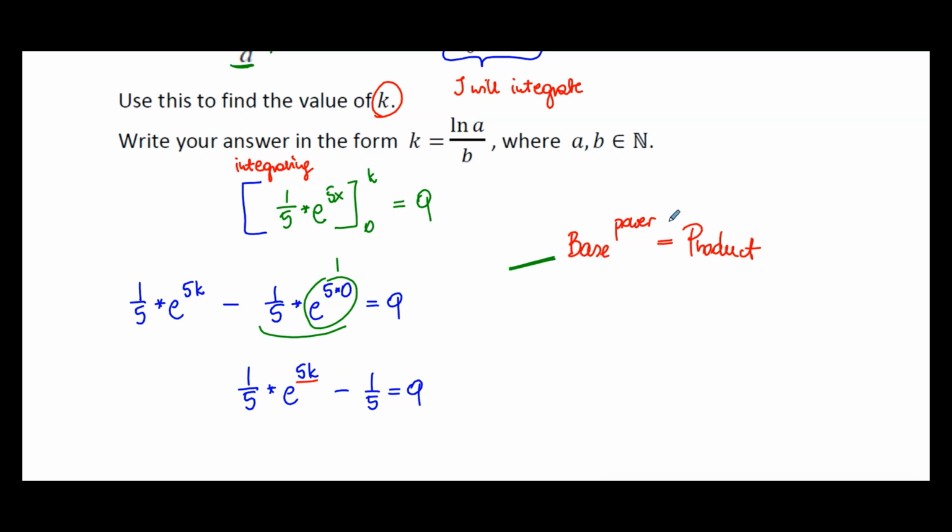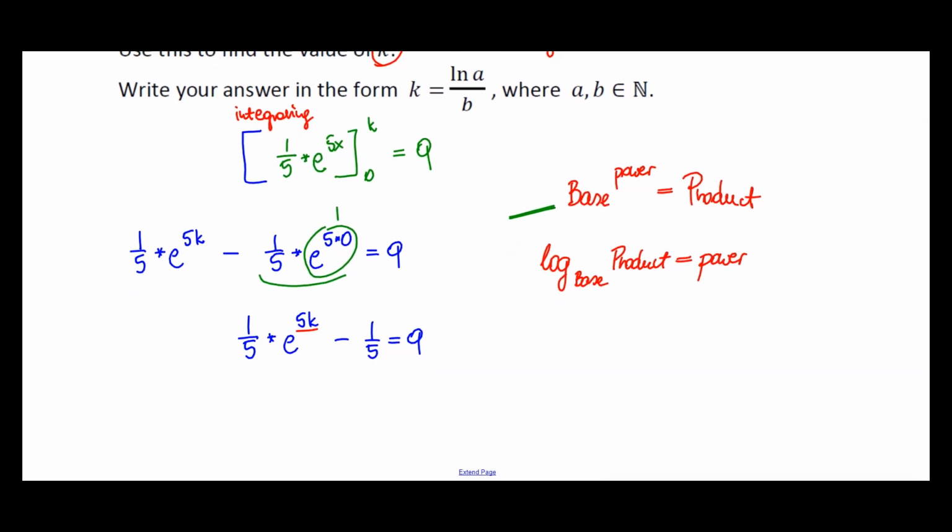I cannot have anything else in front of the base and power. So this number has to go. And then when I have my equation that way, log means what? I am looking for the power. So log of what? We take the base, we put our product, and all of that equals our power.